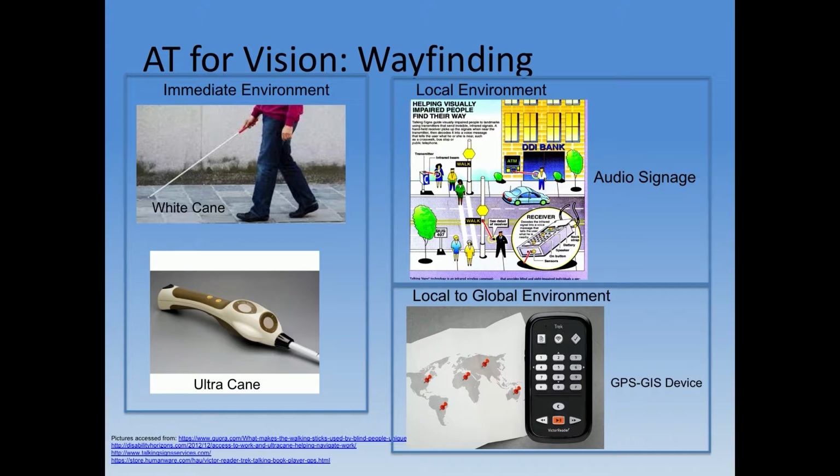So for wayfinding, think of this library, for example. You have 3 ways to look at wayfinding. You have an immediate environment, and that's where you're seated right now. Because if you have to get up and walk, go to the restroom, you have obstacles all around you. You've got to navigate.